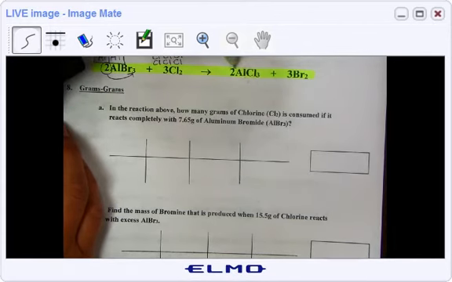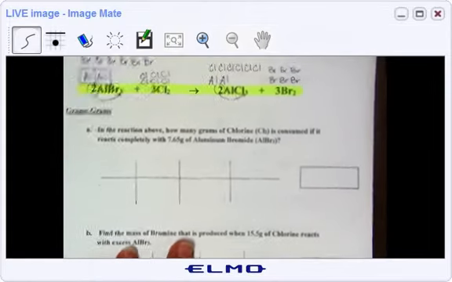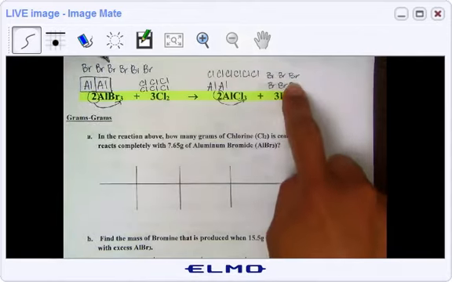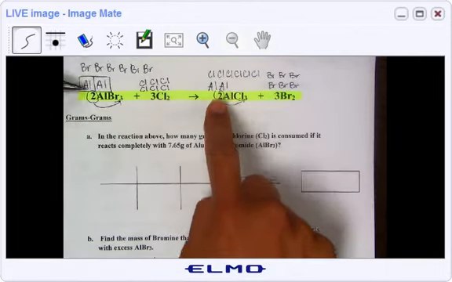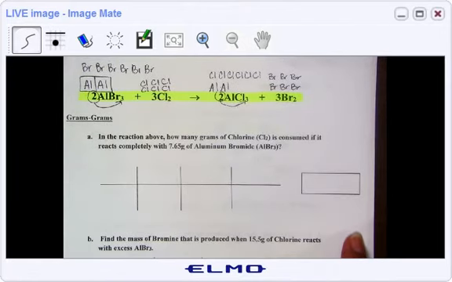Over here, I have 2 ALs, 6 CLs, and 6 BRs. Step 1 is just to always make sure that it is balanced. 6 BRs, 6 CLs, 2 ALs. Now that we know it's balanced, we can begin the problem.